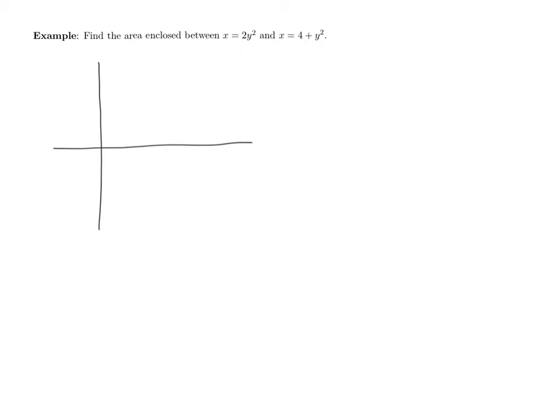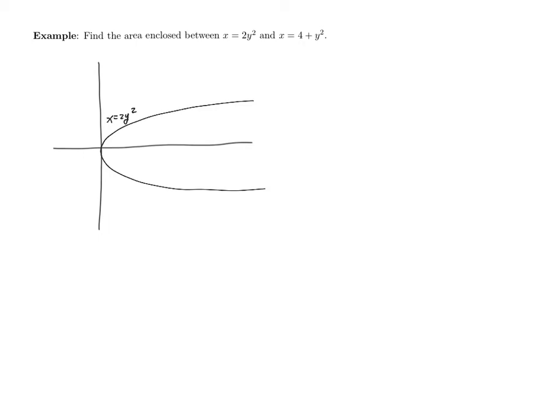X equals 2y squared is going to have a vertex sitting at the origin, and because of the 2y squared versus just a 1y squared, it's going to be a bit narrower as a parabola. So roughly speaking, it's going to look something along these lines. So in black, we have the graph of x equals 2y squared.